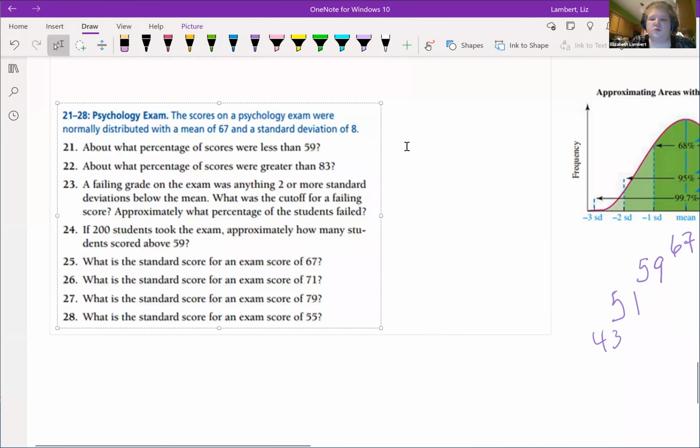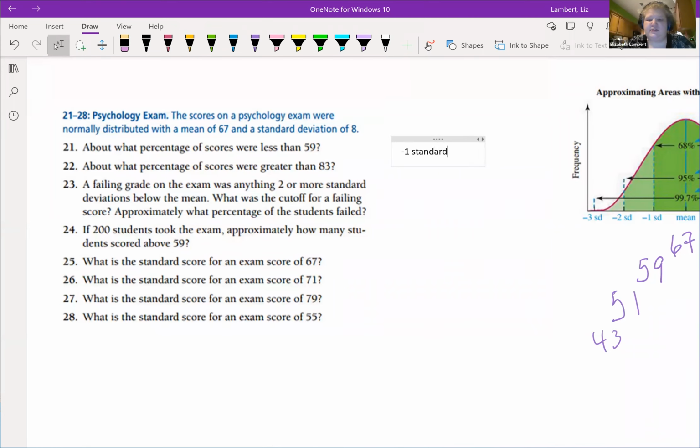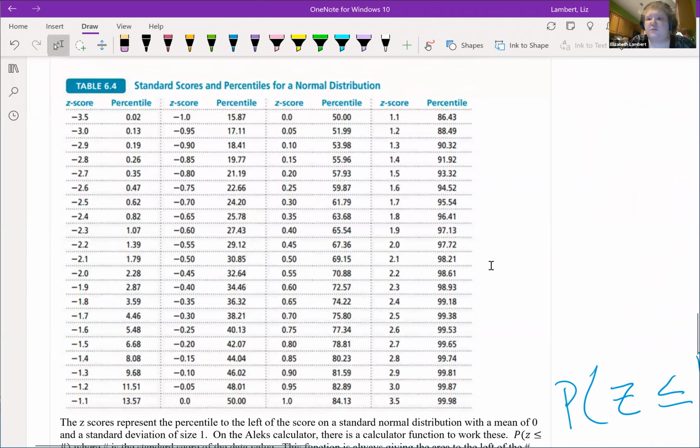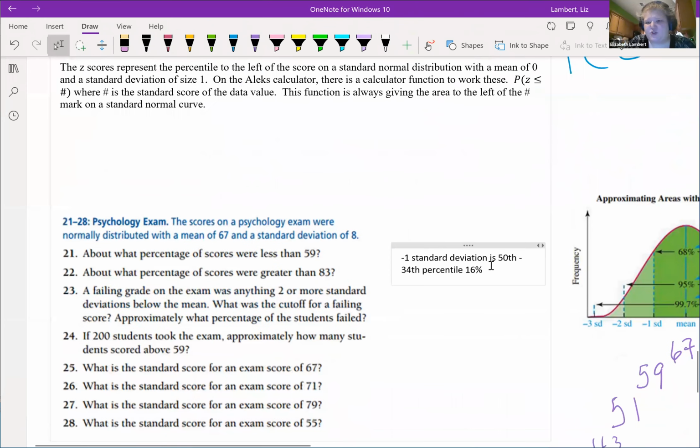So -1 standard deviation is the 50th minus the 34th percentile, which is the 16th percentile, roughly. It's technically a little more exact than that. If we scroll up, it is 15.87 as the actual percentile.